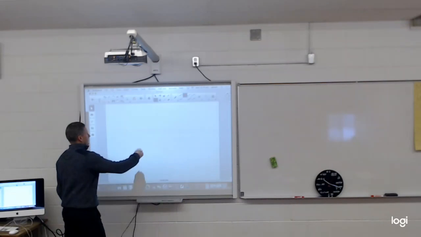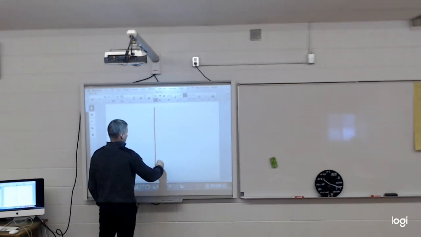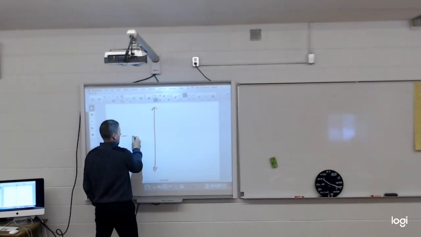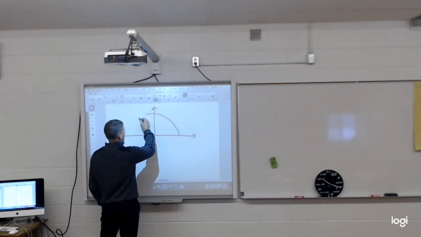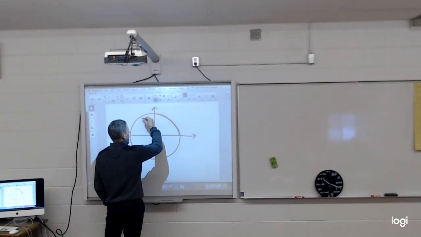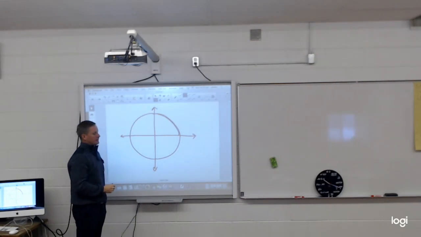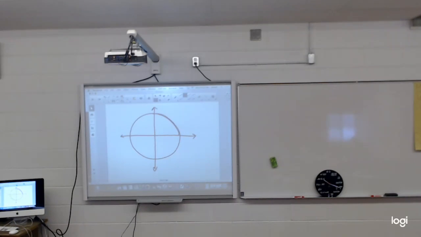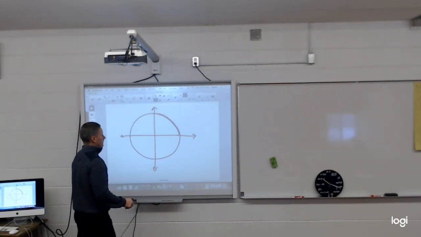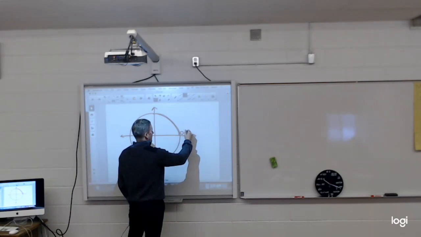First, I'll show you the main parts of the unit circle. In the applied class this time around, I don't need to know my ratios. All I need to know is my radians and my degrees, and mostly degrees. So this is 0 degrees right here.